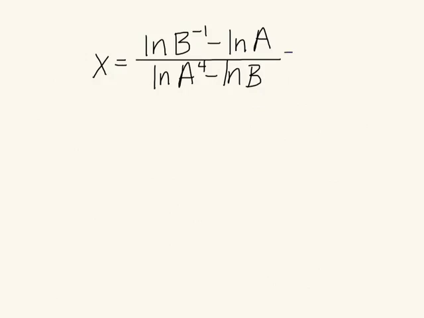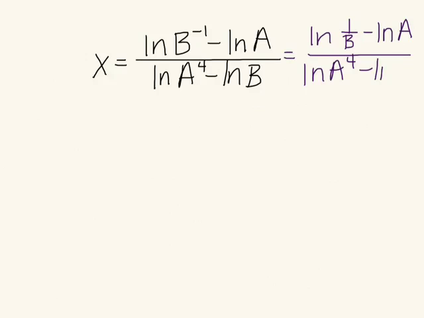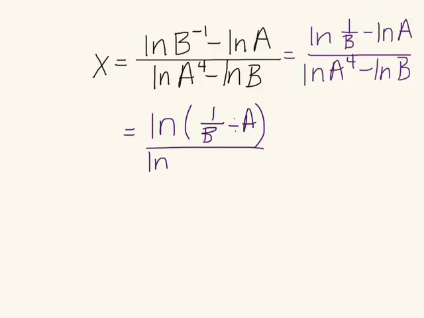I'm going to go ahead and rewrite it like that. Ln of 1 over b minus ln of a over ln of a to the 4th minus ln of b. And then in logarithm land, minus means divide. So I have ln of 1 over b divided by a all over ln of a to the 4th divided by b.